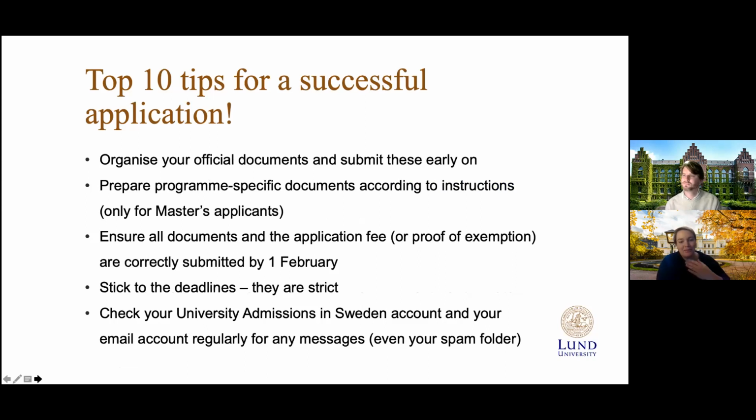So we recommend that you submit those documents, perhaps in November, for example, so that the university admissions team has plenty of time to look at them and let you know if something is missing, so that you can correct it before the deadline.